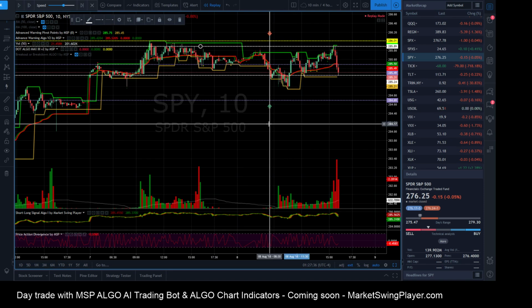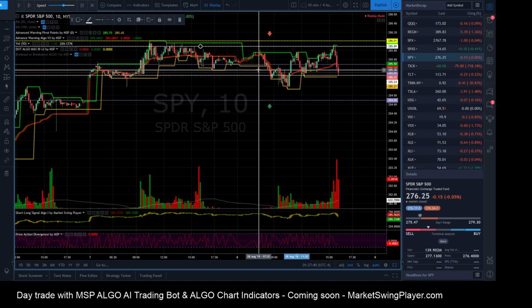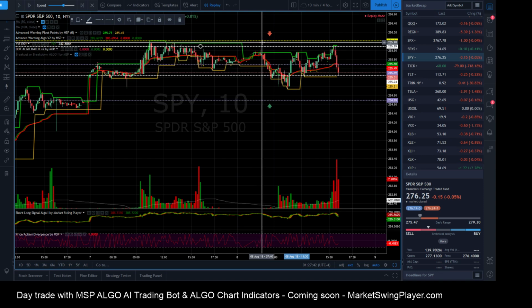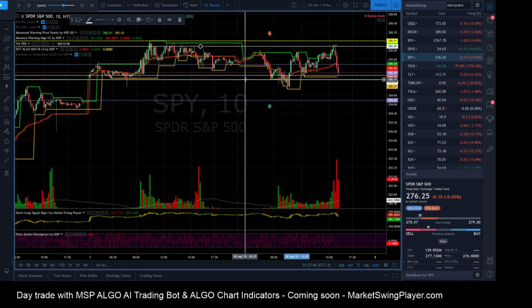Okay, so I got a few things here. Number one, the MSP range algo for the day. And number two, where the institutional traders are buying and selling today as of after the market open.